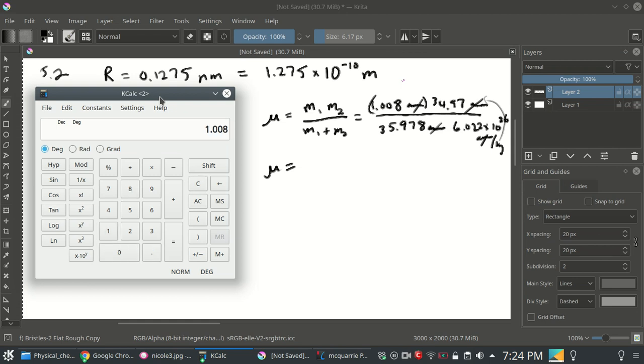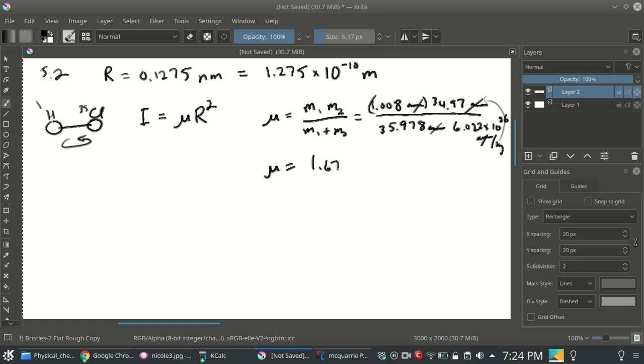This times this, oh wait, I need to press the AC button. All right, this times this divided by this, right? Yes, divided by 6.022 E26. Yes, that is correct. That is the reduced mass. So 1.627 times 10 to the minus 27 kilograms. Nice. We have a reduced mass.